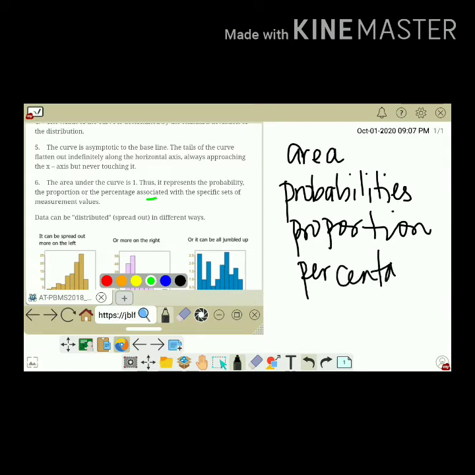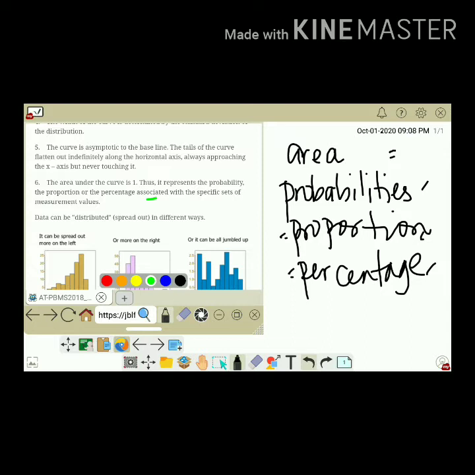Your area determines the probability, the proportion, and the percentage. For probability, most likely we indicate area in decimal form. For proportion, area can also be expressed as a fraction, and for percentage, of course, in percent.